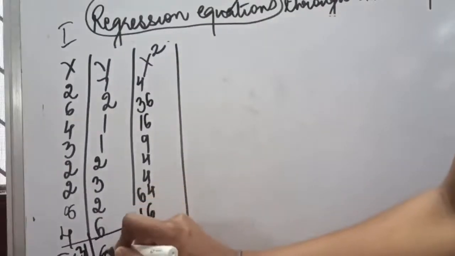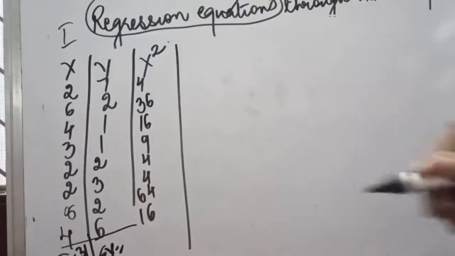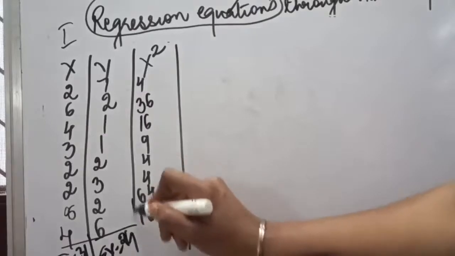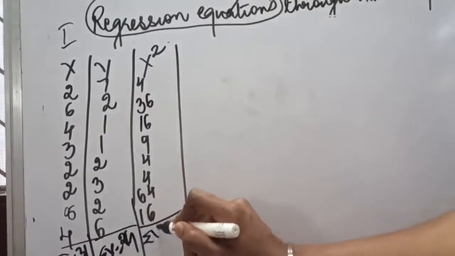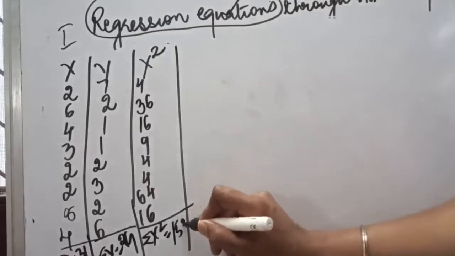We can calculate sigma y also. Adding these values, sigma y, you will get 24. Now this is going to be sigma x square. So sigma x square's value by adding this will be 153.